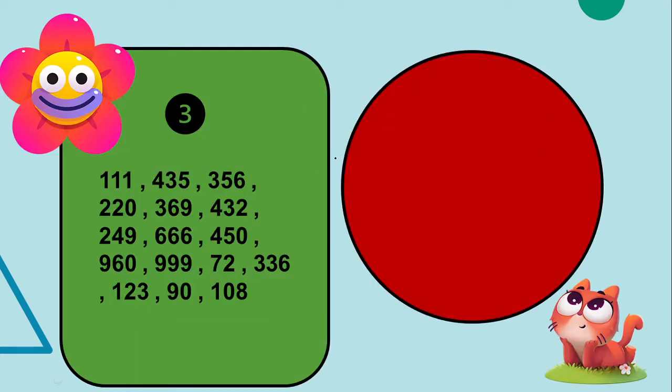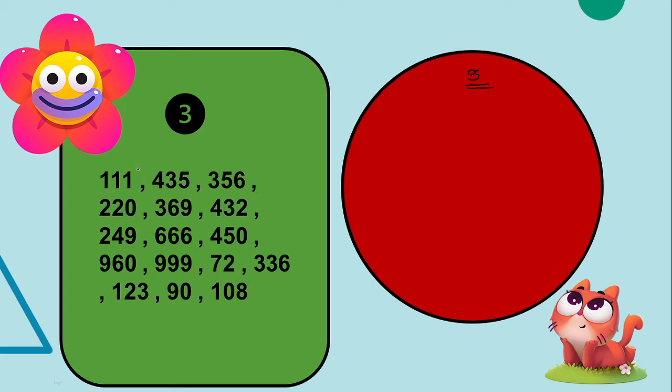Here we have basket number 3, and here we have the flowers, that is the numbers which were present on those flowers. Now, what is the divisibility test for 3? If we have to check whether the given number is divisible by 3 or not, we have to add the digits of the number.